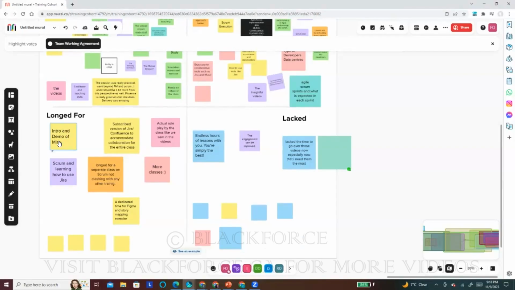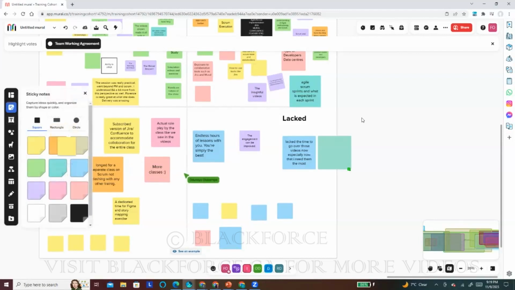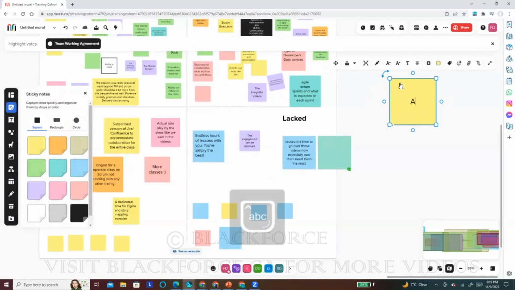Why use the two in the class, right? So maybe I can just introduce it, even if we don't use it, just introduce Miro a bit. So I'm gonna have action items here. Okay, so I can say introduce Miro.